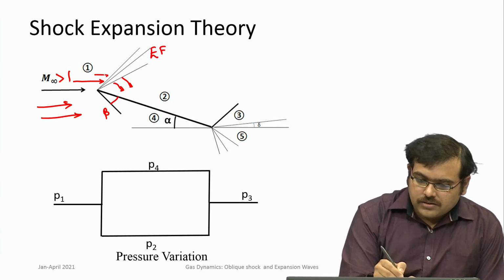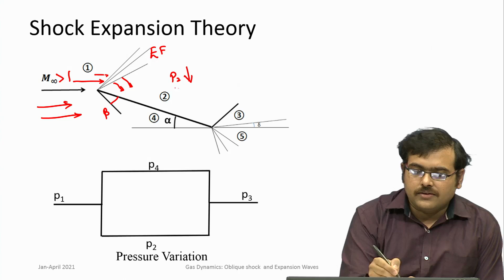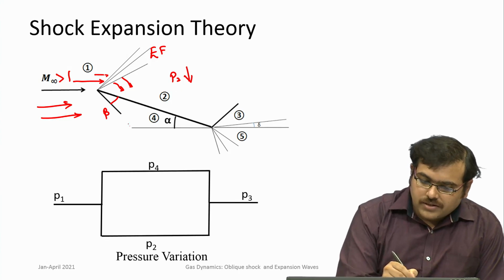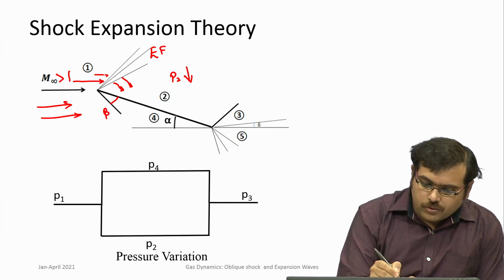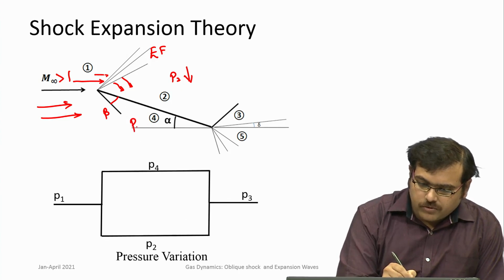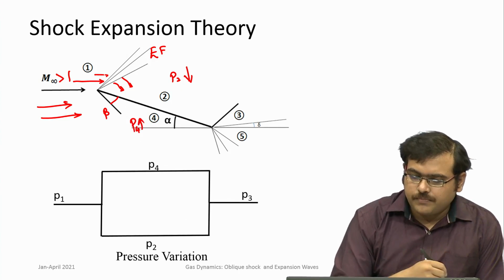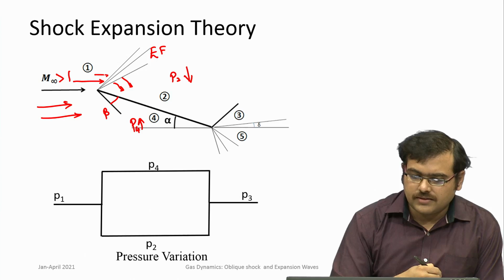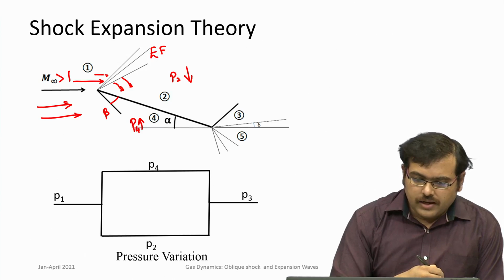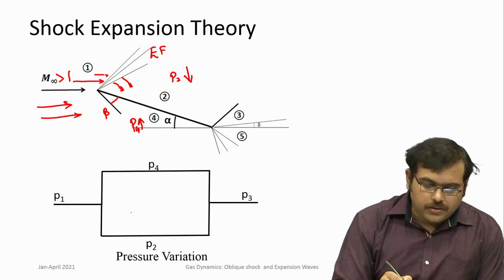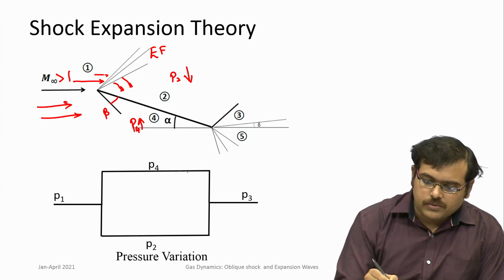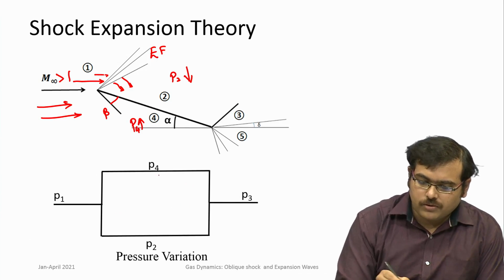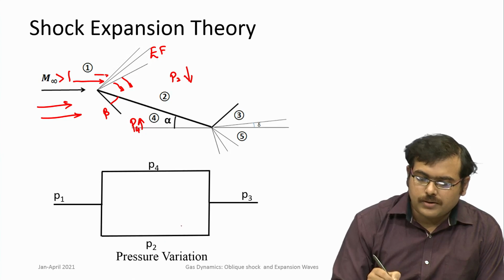So, the pressure on the top surface, P2, decreases because of these expansions, while the shock compresses and P4, in this region, increases. So, it increases in region 4, and if you plot schematically what the pressures are like, P4 is higher, P2 is lower.